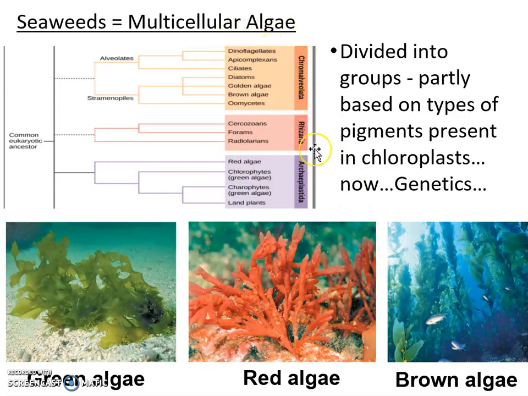but the dinoflagellates are one of those weird protists that can switch to actually doing a chemoheterotrophic metabolism during the nighttime. So when we look at these, people have primarily used physical differences that were visible, but nowadays we're using genetics to distinguish groups of algae that are out there.